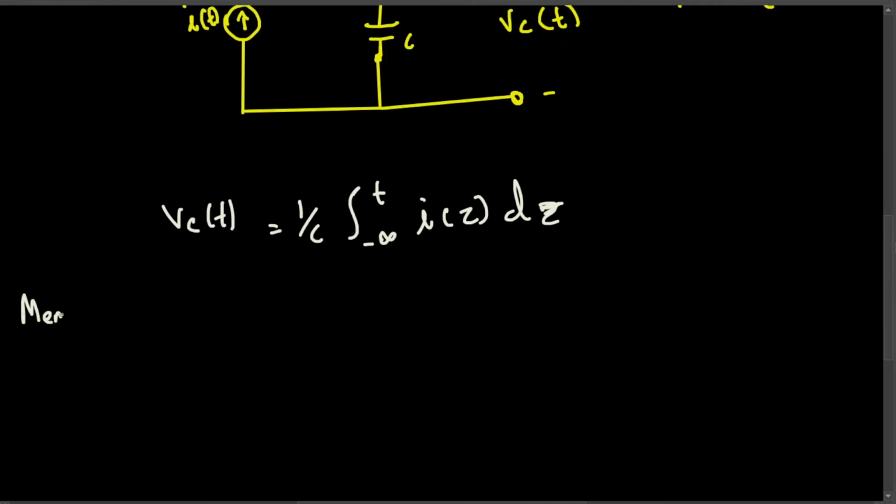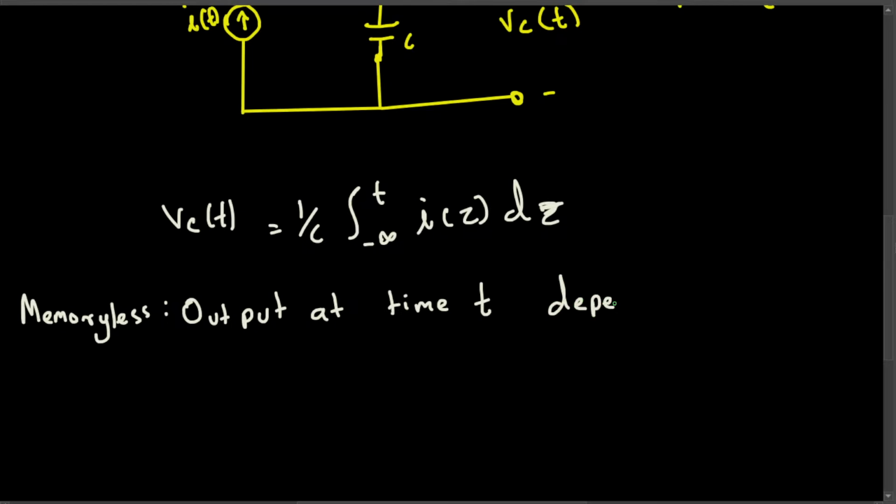The memoryless definition is given by: output at time t depends on input at time t and all past inputs.